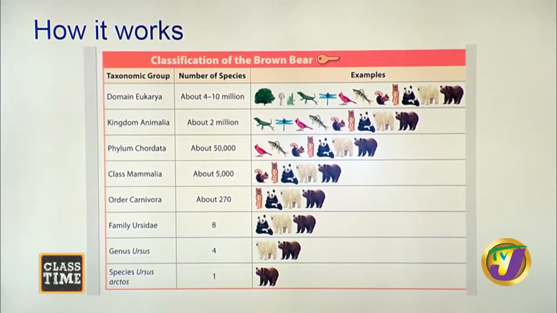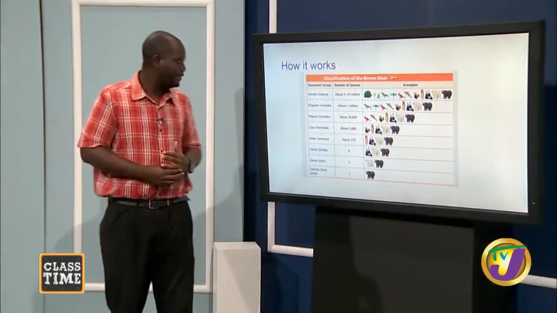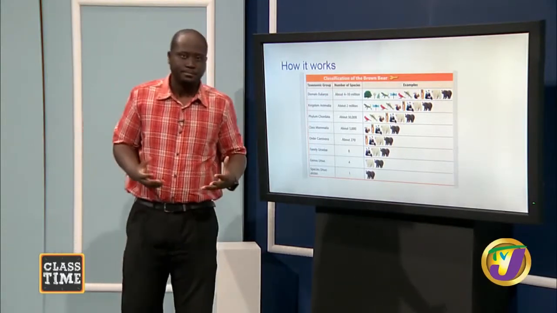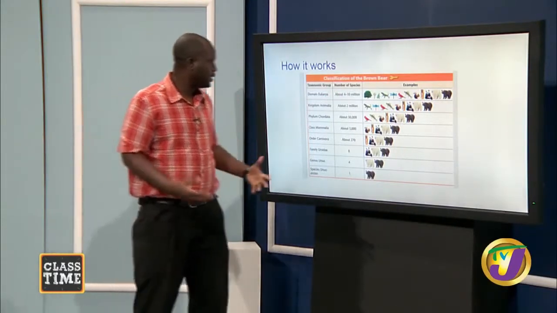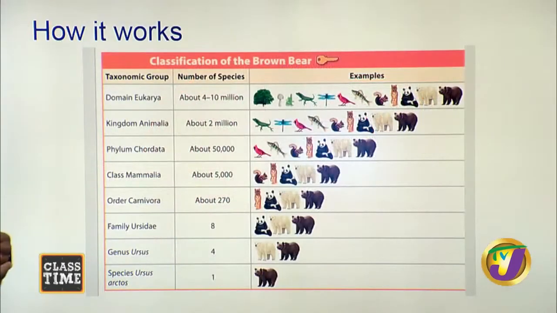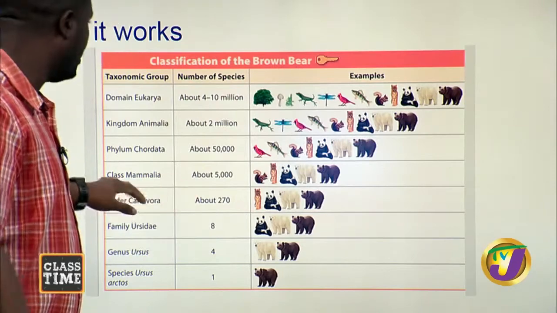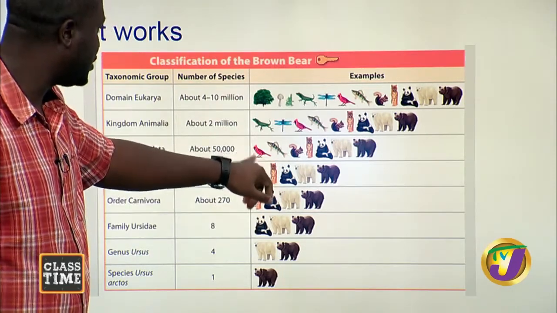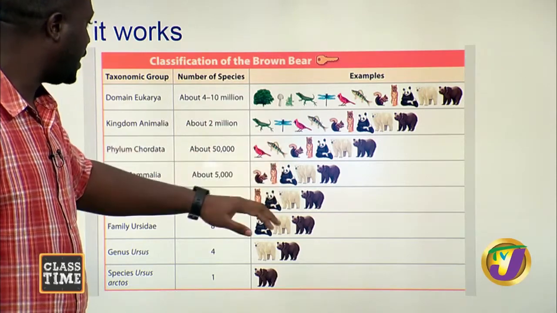A group of Chordata is Mammalia, and those are the organisms that give birth to live young. They are warm-blooded. As you move to that class, some organisms are removed from the group, such as your birds. They're no longer birds there, they're no longer fishes, and so forth.